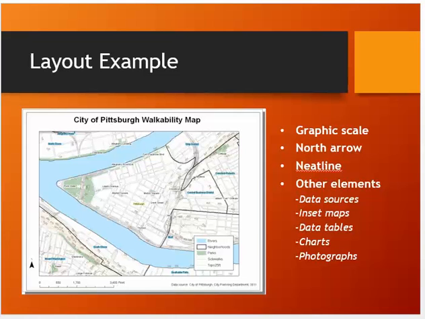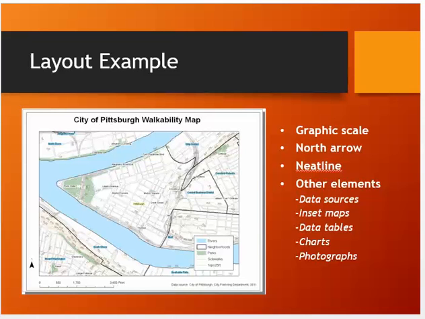So here's another example. This is a large-scale map. Again, remember, large scale shows a small area. Here we have a scale bar on there. We have a north arrow because not everybody may be familiar with the city of Pittsburgh. So again, some other elements on there. Again, the data source, possibly an inset map to show locations.